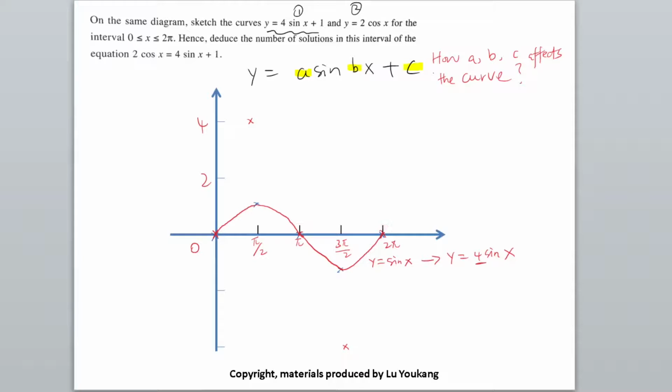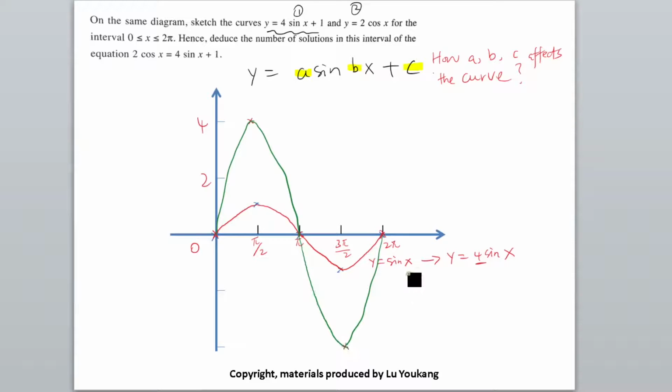So when I have 0, I get 0. When I have 1, I get 4. I have also marked all the points for this. So let me link up all these points to get my y equals 4 sine x.